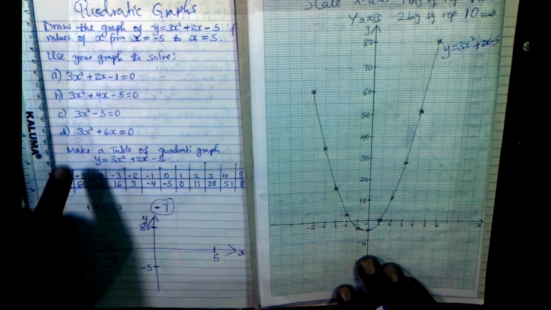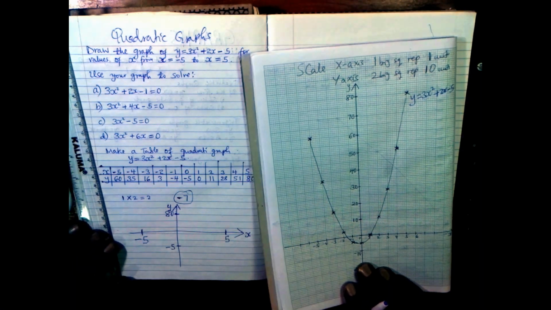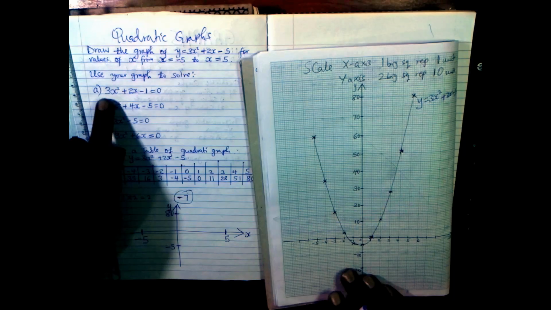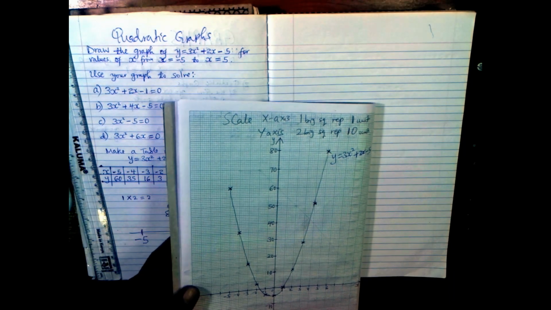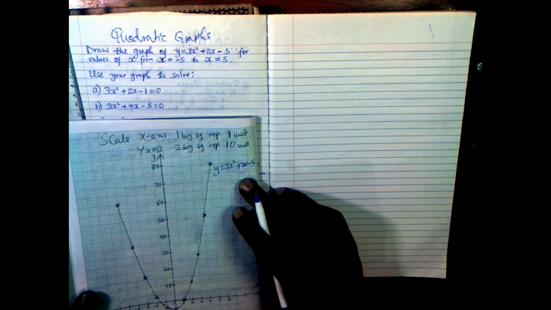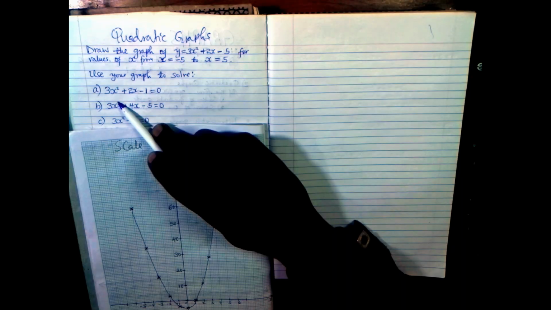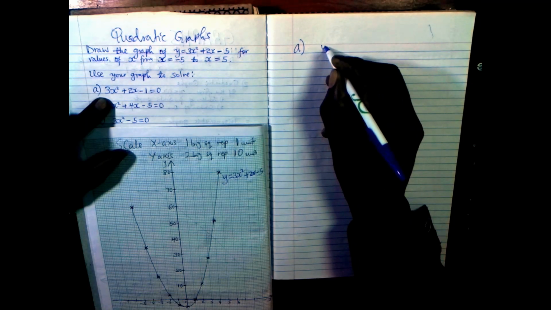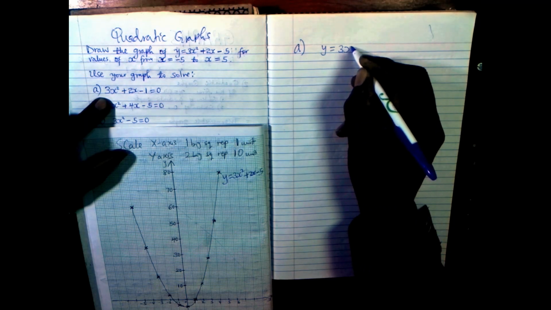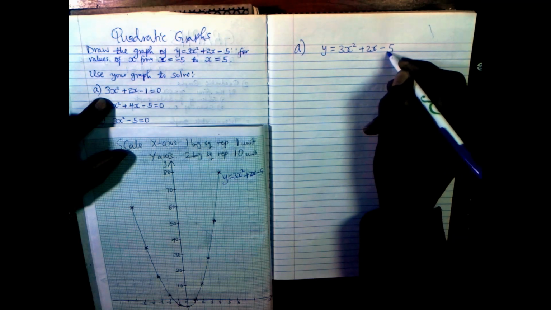Now we need to answer the following questions. So how do we answer those questions? Part A of the question, use your graph to solve. Now, one thing I need us to note is from this part A, the graph we drew, y is equal to 3x squared plus 2x minus 5.